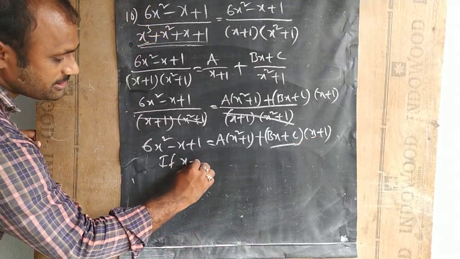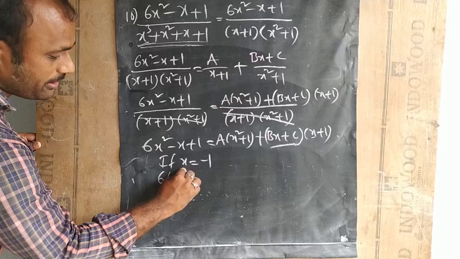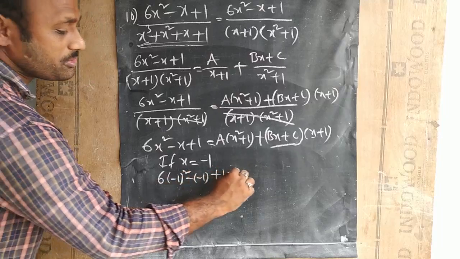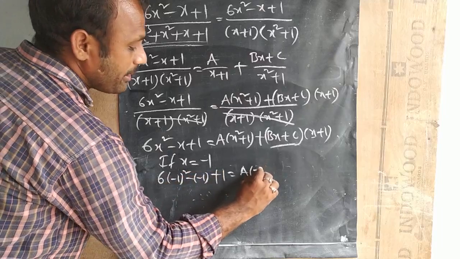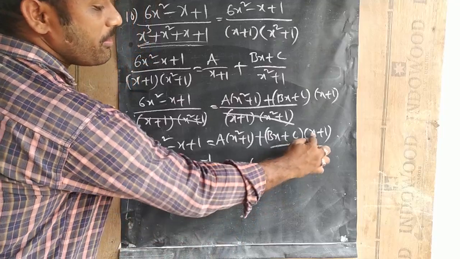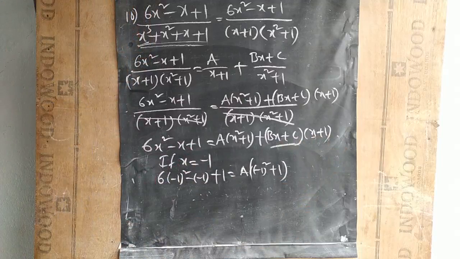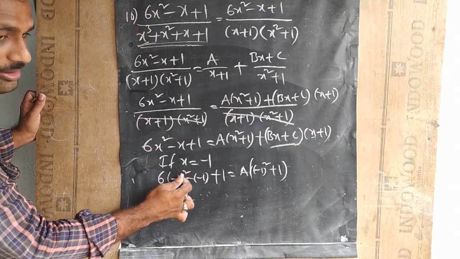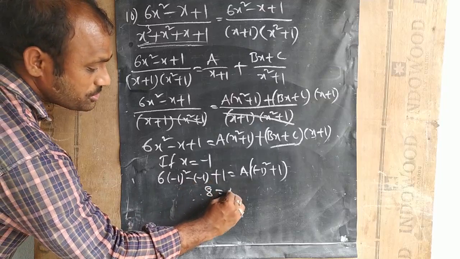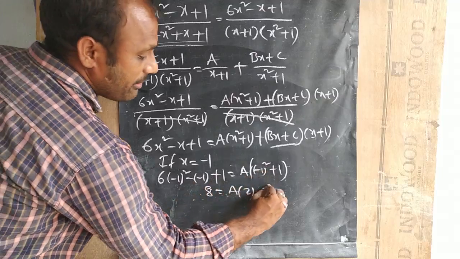If x is -1, so 6(-1)² - (-1) + 1 equals A((-1)² + 1). No need of writing that other term. Why? Because -1 + 1 is 0, and 0 into something is 0. So (-1)² will be plus 1. So 6 plus 1, 7, 8. 8 equals A into 1 plus 1 is 2. So if I divide, the A value will be 4.